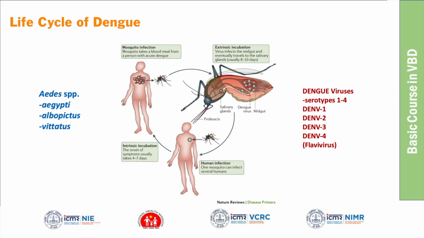Both are known as efficient vectors of dengue. Aedes aegypti is by far a superior vector than Aedes albopictus, and Aedes vittatus also has been incriminated as the third species which is playing some role in the transmission of dengue infection.